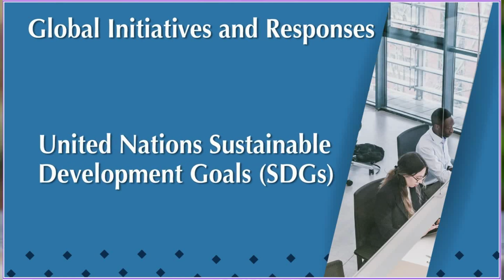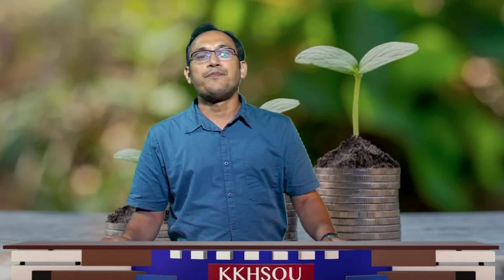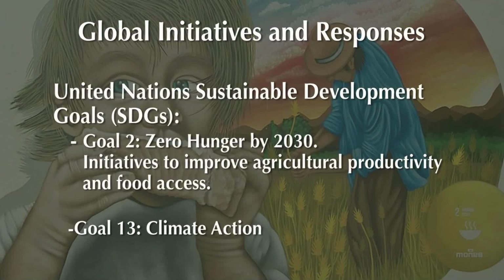So considering that food insecurity is a problem of global concern, we need to discuss what the global initiatives and responses are to tackle it. One of the global initiatives we can cite is the United Nations Sustainable Development Goals. Out of 17 Sustainable Development Goals, 2 goals are directly or indirectly related to food and nutritional security.